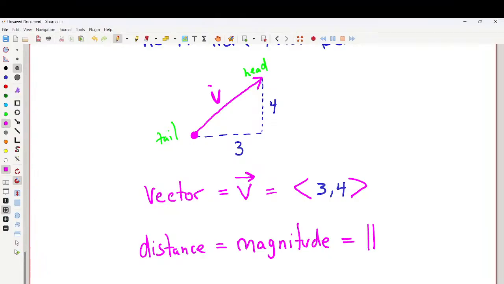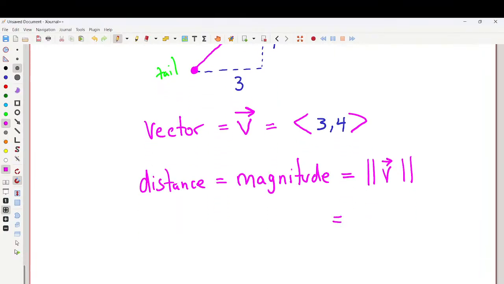It's written inside of two vertical bars, not one like in the complex plane, but two vertical bars. In this case, it would be the square root of 3 squared plus 4 squared. So at the end of the day, 5.